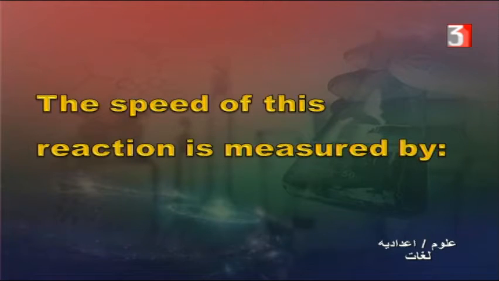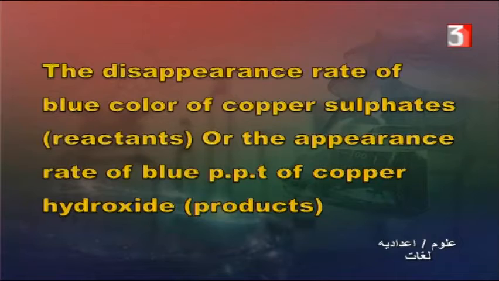From this reaction, we can see that, in the previous equation, the speed of this reaction is measured by the disappearance rate of the blue color of copper sulfate as a reactant, or the appearance rate of blue precipitate of copper hydroxide as a product.